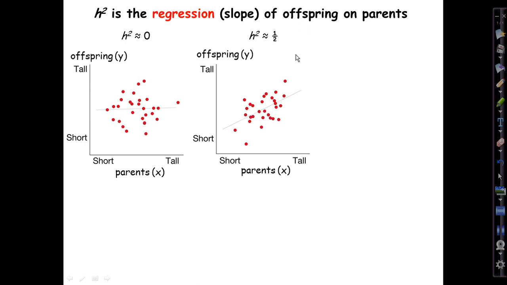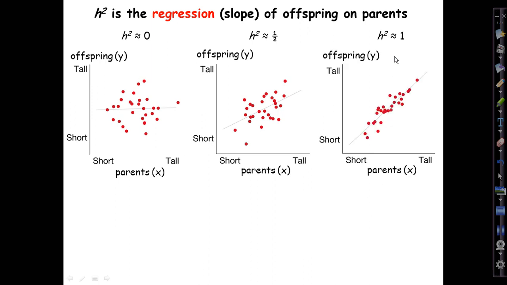It will explain about half of the variation in offspring height. And if heritability is really high, let's say approaching 1, then knowledge of the parent's phenotype, in this case height, lets us make an accurate prediction of the offspring's height. That is to say, the parents' heights explain statistically most of the variation in the offspring height.